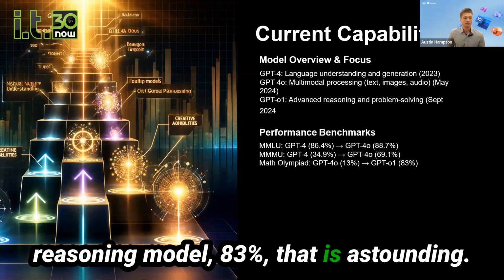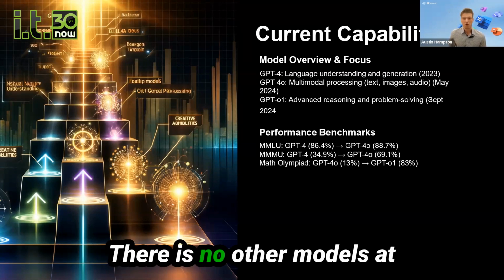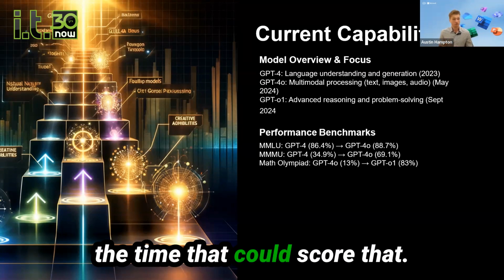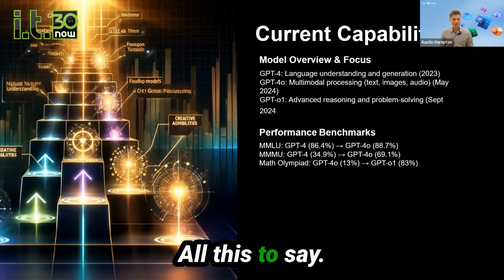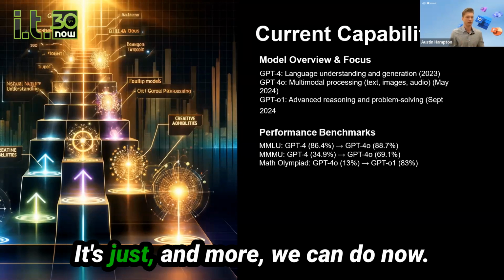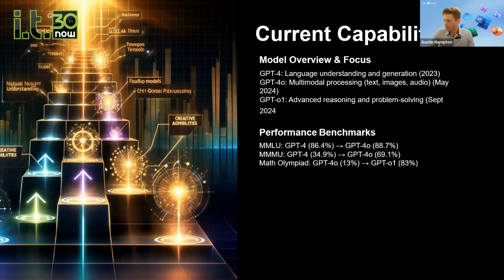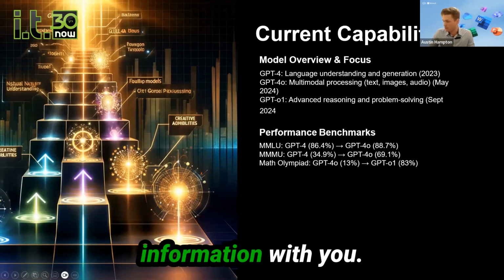That is astounding. There were no other models at the time that could score that. All this to say, everything we talked about in that study, the value of generative AI, still applies. It's just that there's more we can do now. So really exciting time, and happy to be sharing this information with you.